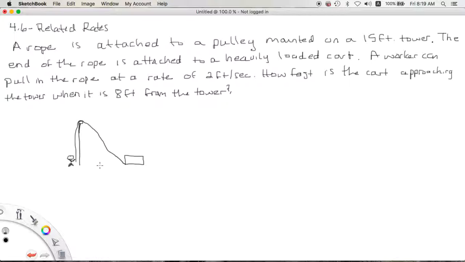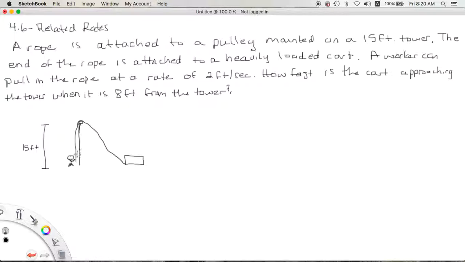And now, the thing that you need to realize is some of these sides are going to be labeled as variables, and some of them are going to be labeled as standards. For example, this tower is 15 foot tall. It's not changing ever. It is 15 foot tall every single time, no matter how much rope is pulled in.